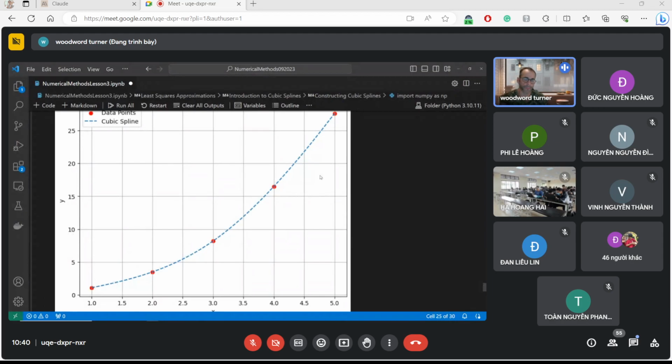Now look at this curve for a minute. You can see that it's definitely continuous at each point. There are no sharp corners and no breaks in the curve. There's no discontinuity, so we have satisfied that condition. And if you look at it, it looks like it could easily be twice differentiable at least, and that the first and second derivatives would be continuous as well.